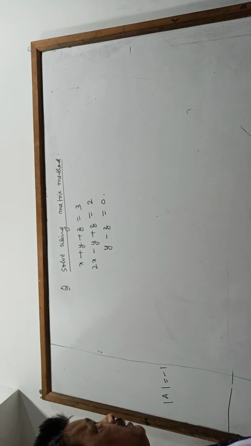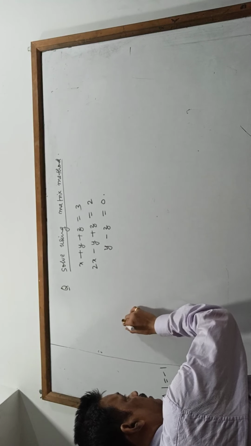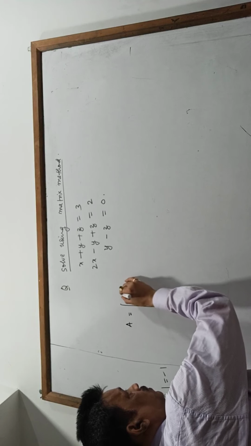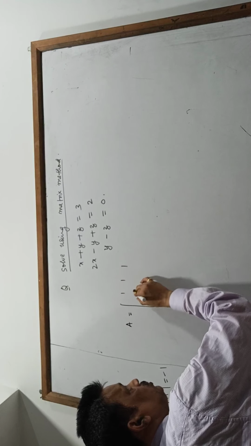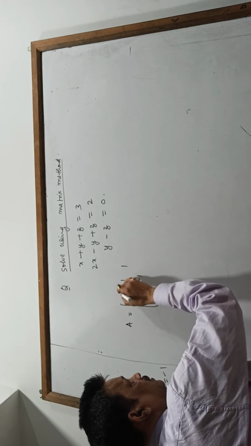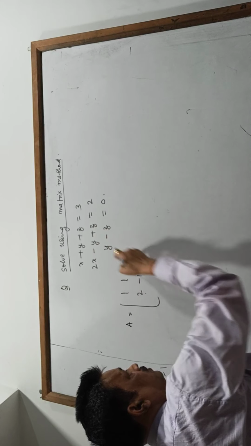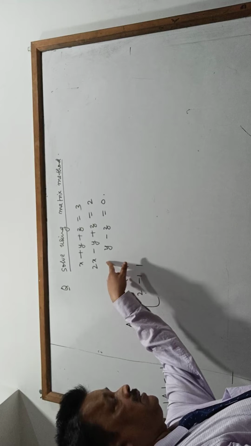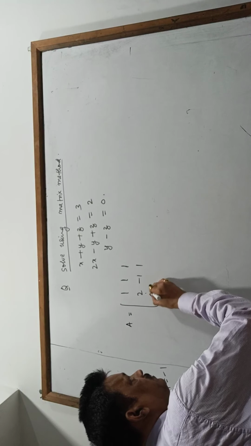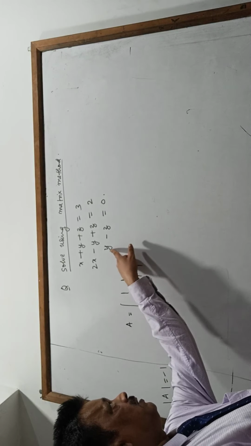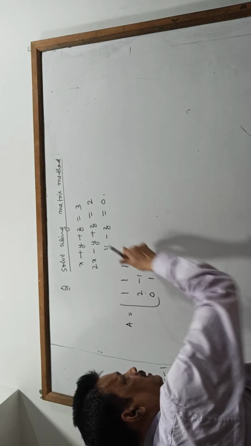So what I am going to do is write A equals [1 1 1; 2 -1 1; 0 1 -1]. There is no x in the last equation, so it will be 0. Then 1, then minus 1.